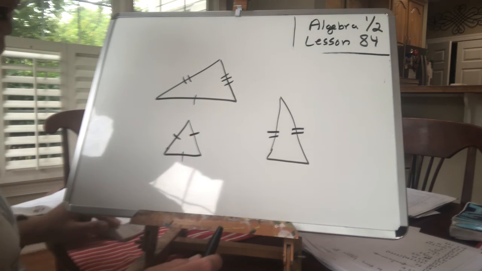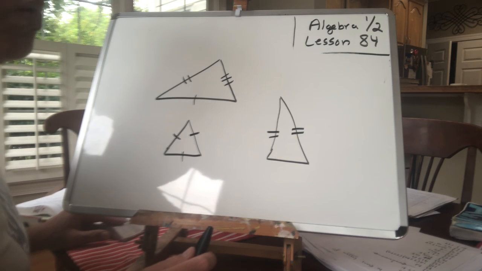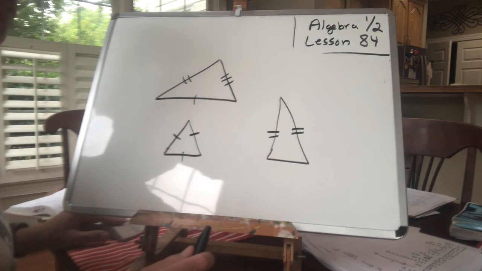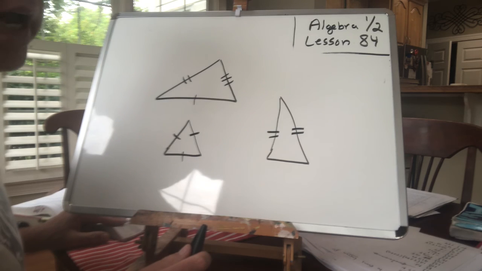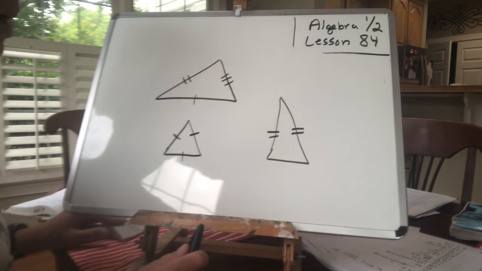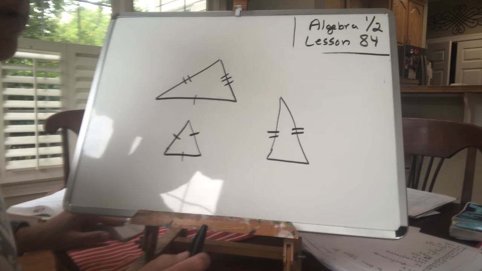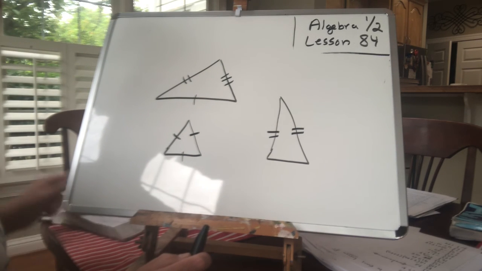If you had a regular quadrilateral, that would mean all sides are the same length. If you had a regular pentagon, that means all sides are the same length. If you had a regular hexagon, it would also mean all sides are the same length. Equilateral and regular mean the same thing, okay? Means all sides are the same.